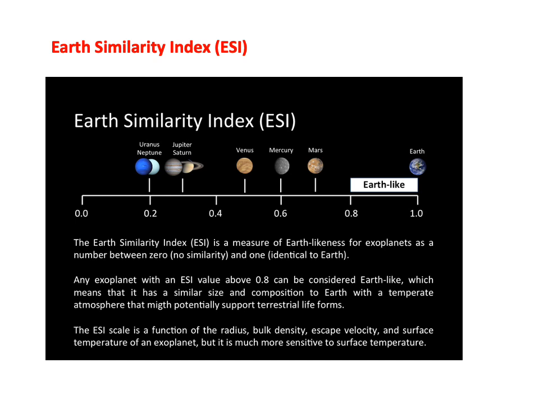Okay, so the ESI looks at several properties of the planet, and the very bottom paragraph gives that list. Its radius, the average density of the planet, the escape velocity of the planet, and the escape velocity actually is a combination of the planet's mass and its radius. So if you know the mass of the planet and you know the radius of the planet, there's a simple formula: G times the mass divided by the radius squared. Take the square root of that, and you get the escape velocity of the planet. So it's a very simple combination of those properties.